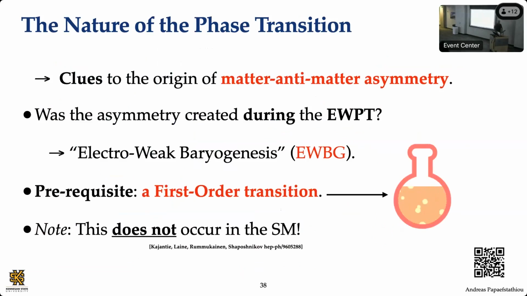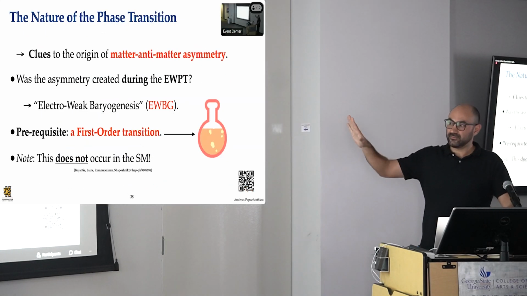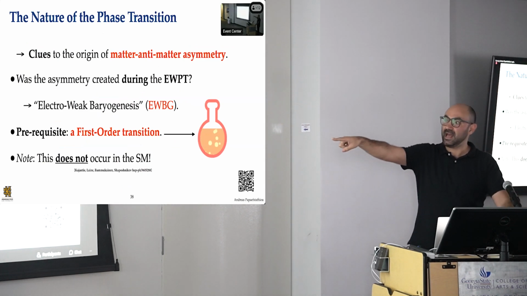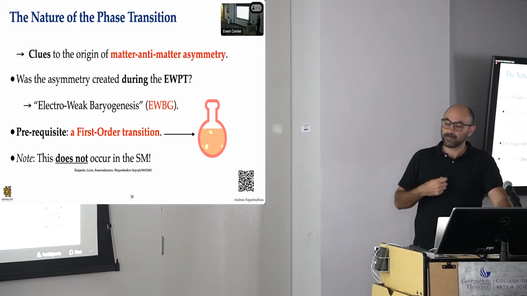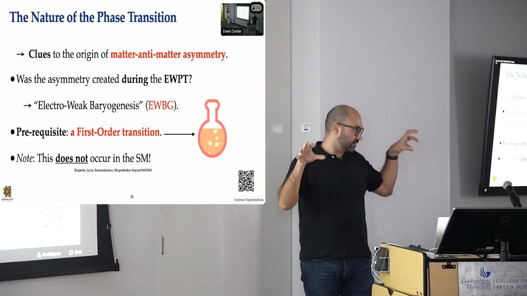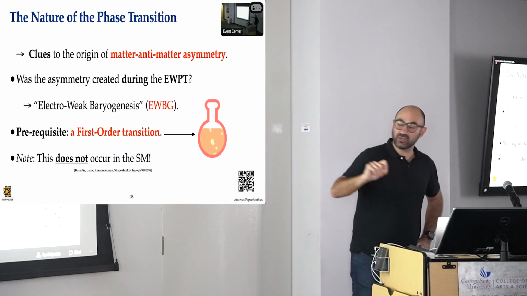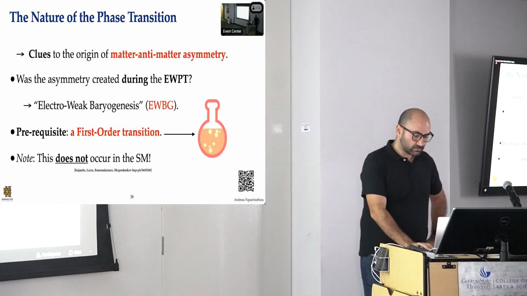Okay. So the prerequisite for this to happen is that the order of the transition from early to today, from symmetric to broken, has to be a first order transition. And I just wanted to emphasize the fact that this does not occur within the framework of the standard model. So the transition is not first order in the standard model.